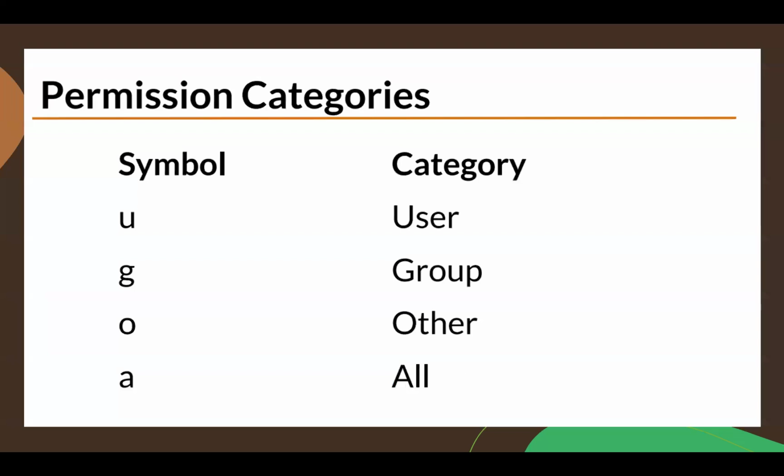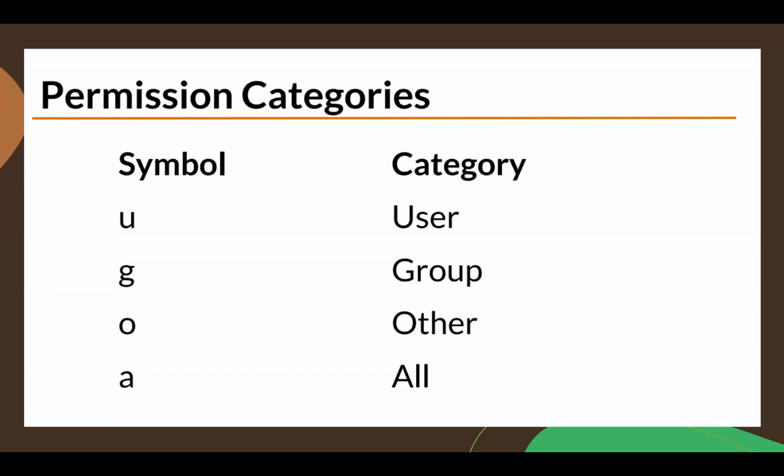There are categories of users that these read, write, and execute permissions can be applied to. These categories are user, group, and others, and all. Like permission types, each one is represented by a single letter. For example, u represents the user who owns the file, who creates the file.